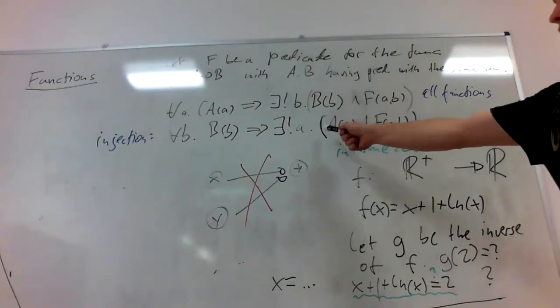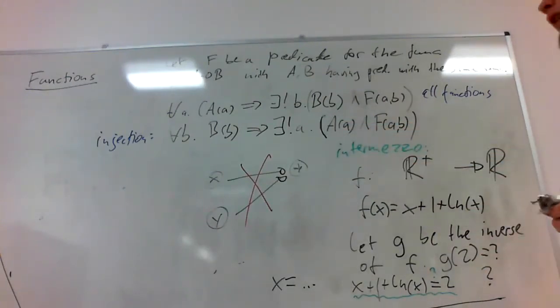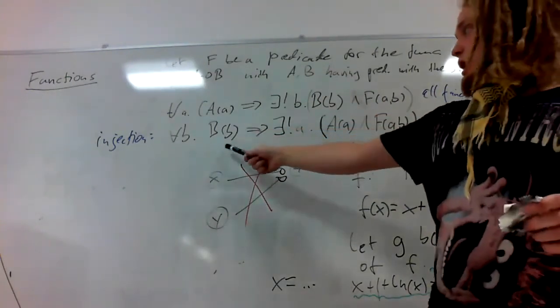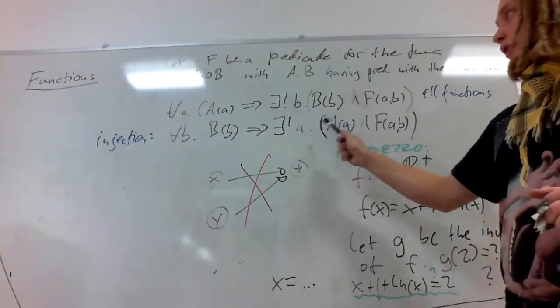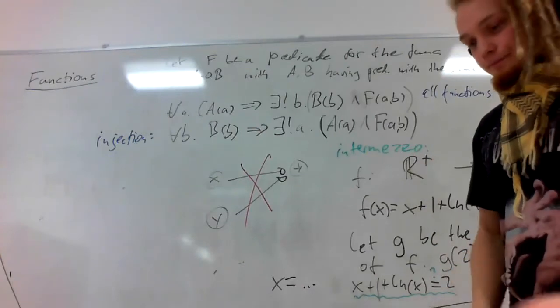Okay, getting back to injection. So we formulated injection: for every output value, there is only exactly one input value, right?